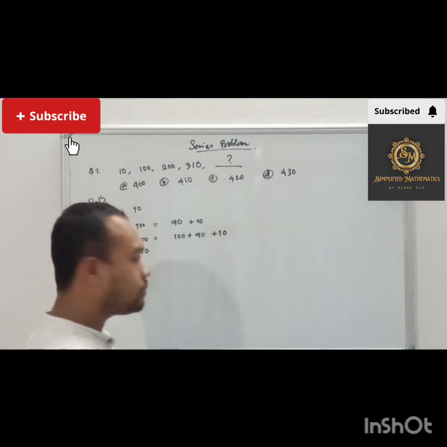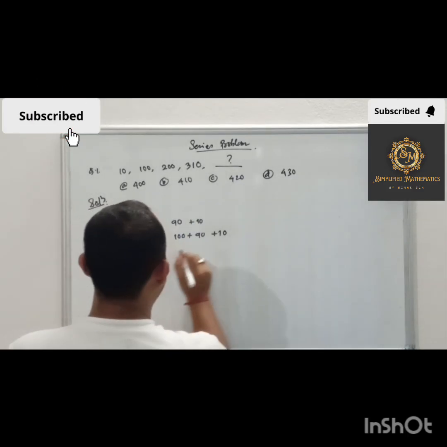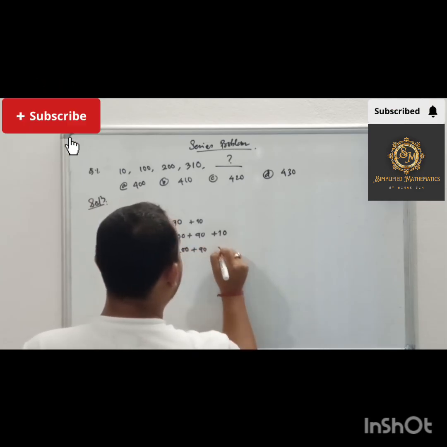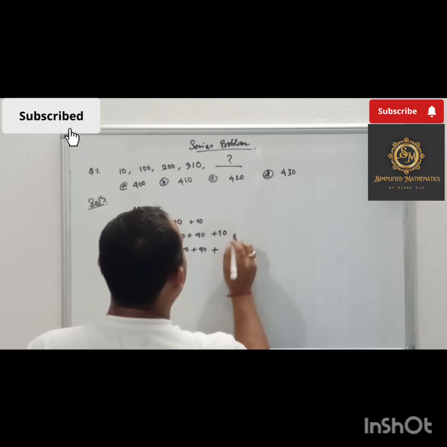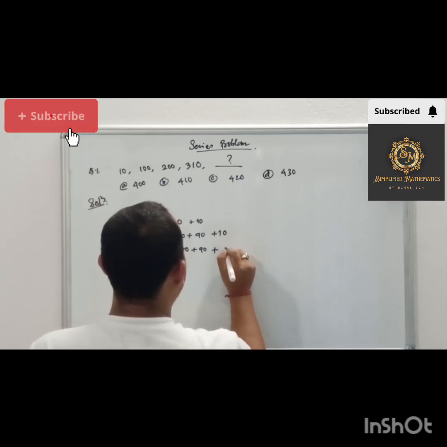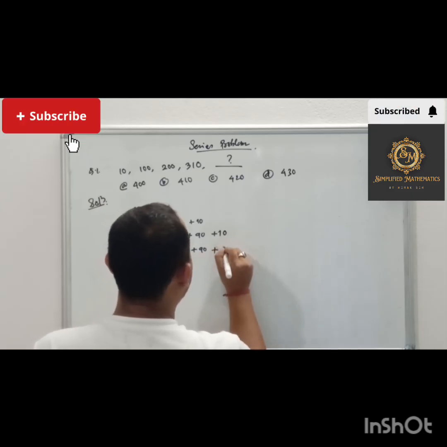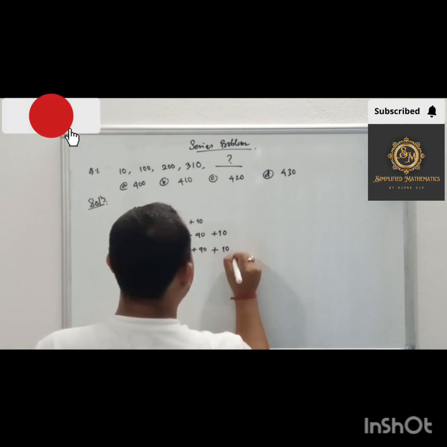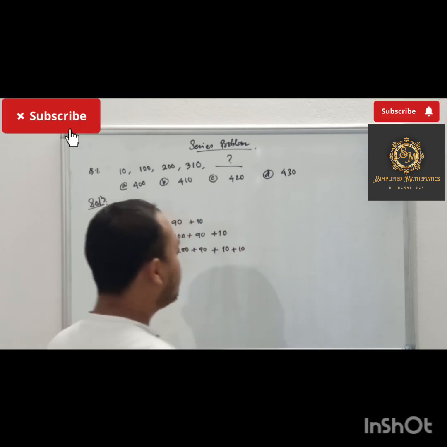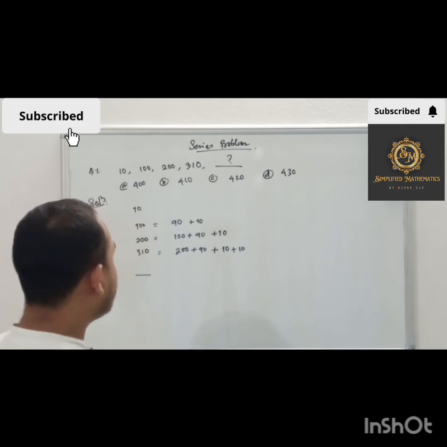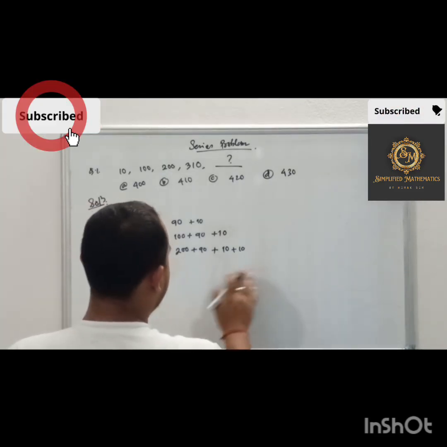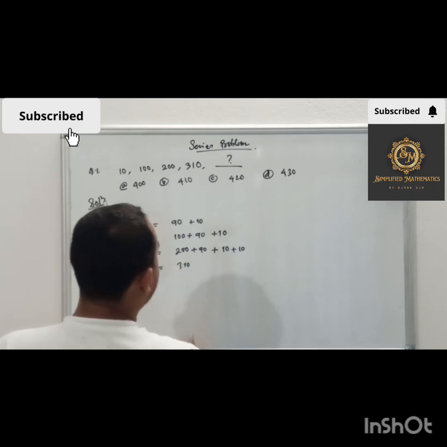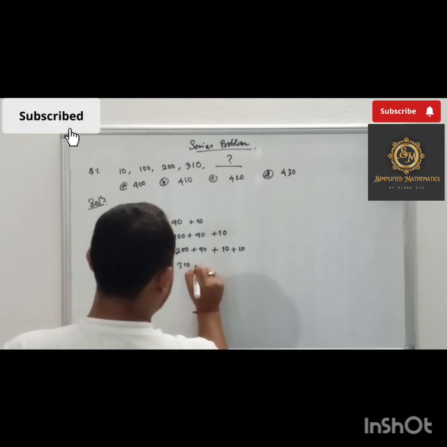Or this number is obtained as 200 plus 90 plus 10 plus 10. So there are some numbers we are getting in this form. So suppose we have 310.